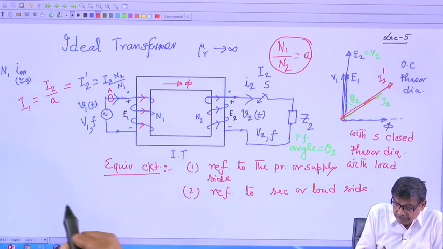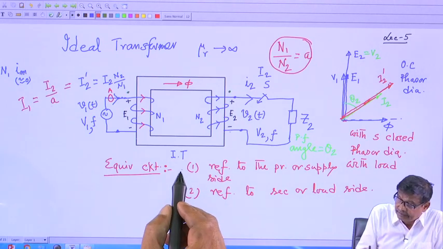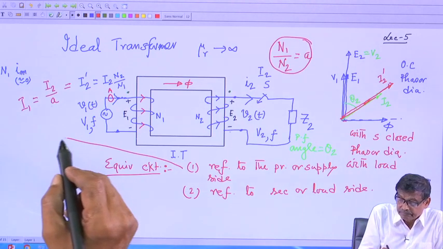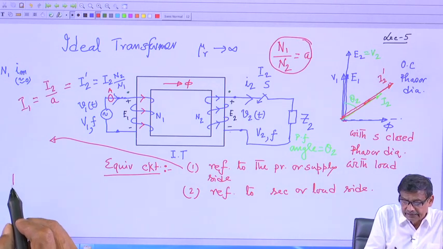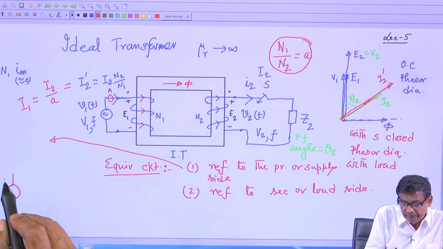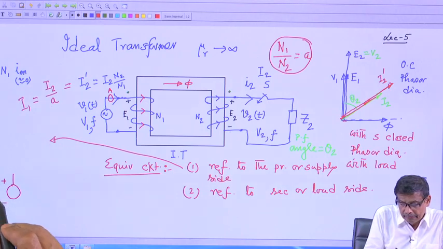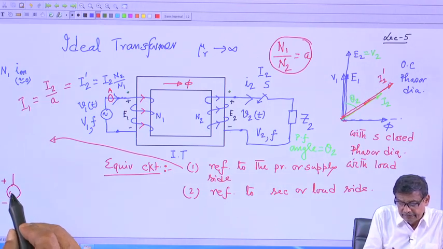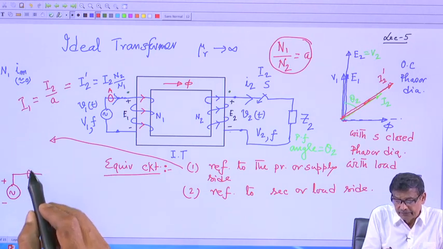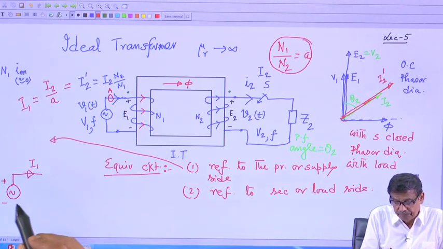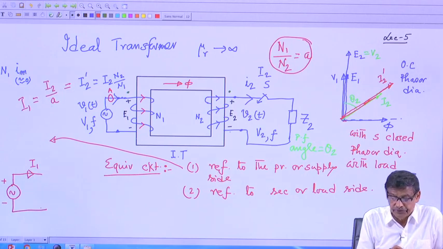Therefore, from the supply side, I can draw it like this. Here is V1, the AC RMS voltage. It is supplying a current I1 when S is closed.